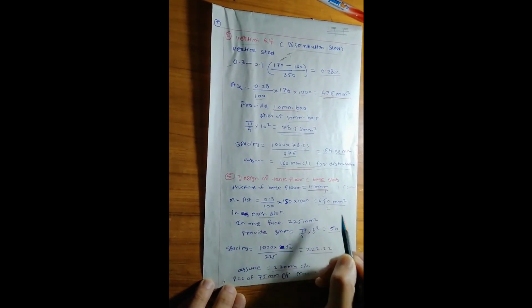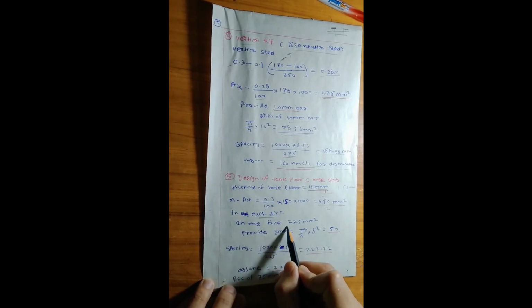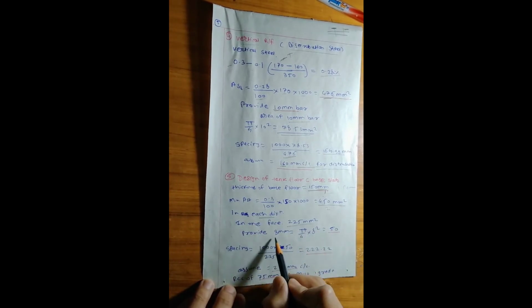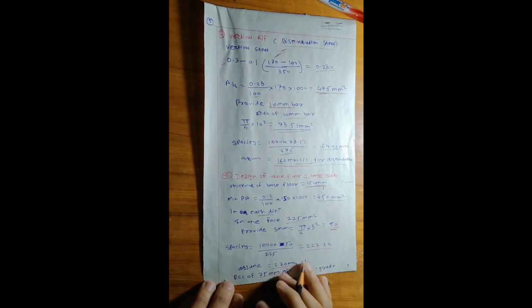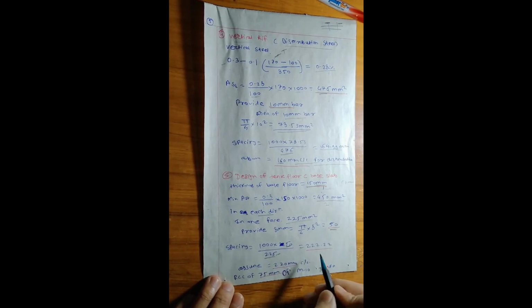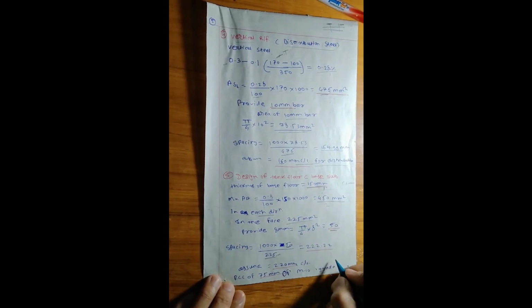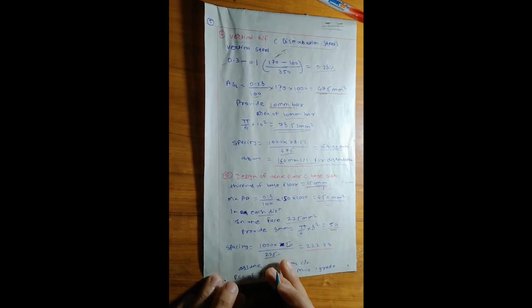Divided by 2, in one face it is equal to 225 mm square. So provide an 8 mm bar in the base slab. The 8 mm bar AST is equal to 50 mm square. So spacing is equal to 1000 into 50 divided by 225, which gives 222.22. So assume 220 center to center distance for both distribution and main steel in both directions.